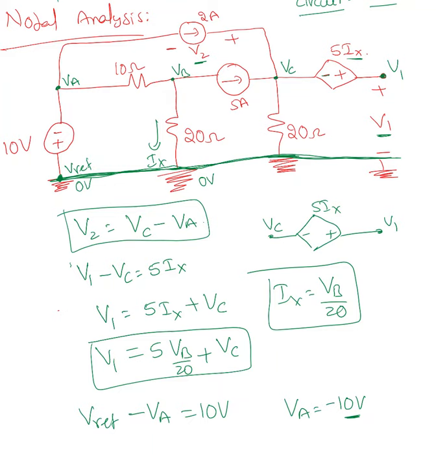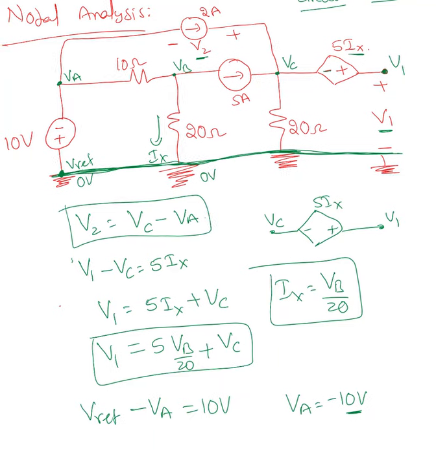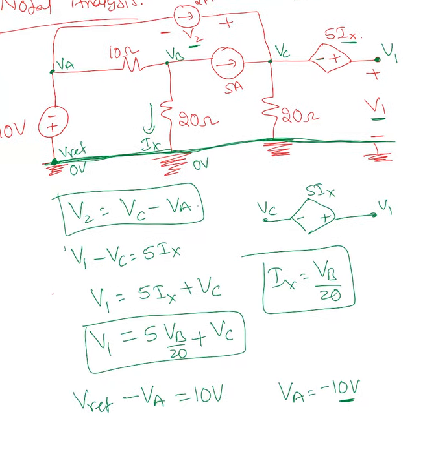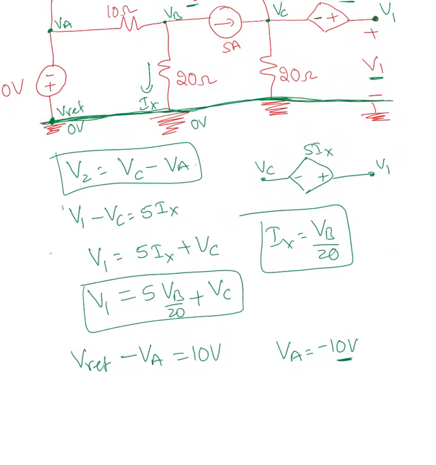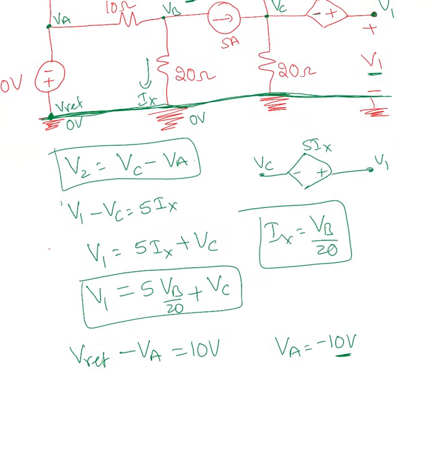Okay, I found VA. Now can I apply KCL at VB? So at VB, apply KCL. Here he already chose Ix, so I'm going to choose the others as Iy and Iz.